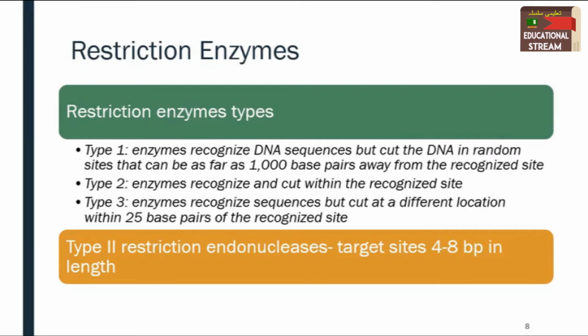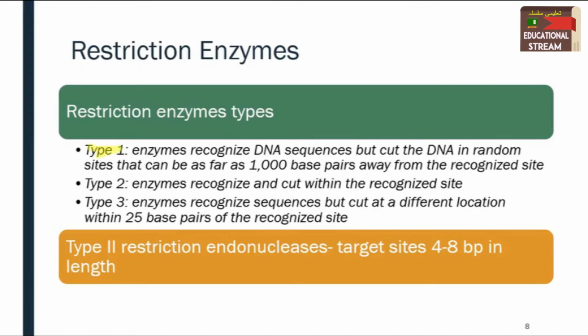There are various types of restriction enzymes, and mainly they are categorized into three general groups: type 1, type 2, and type 3 restriction enzymes. I will highlight the names as these are the most commonly used.